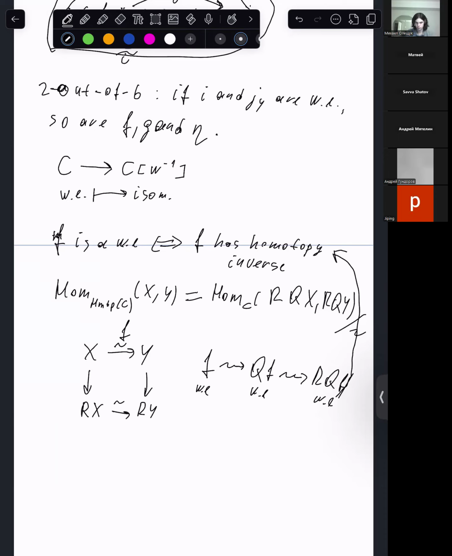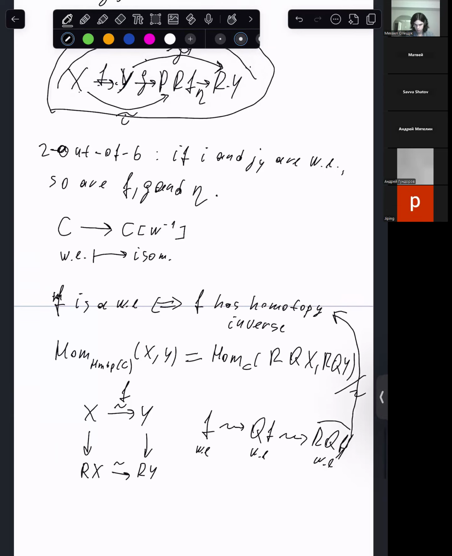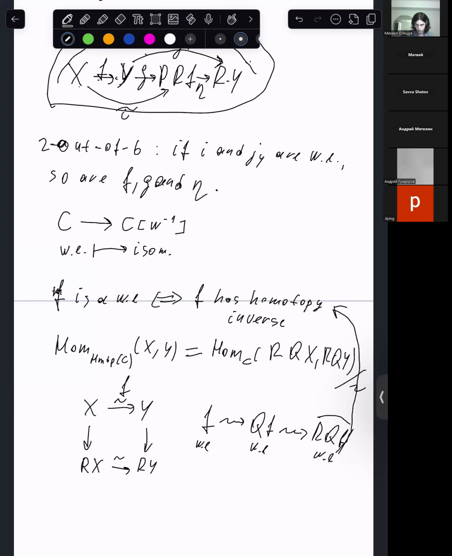So RQF has a homotopy inverse if and only if F is a weak equivalence. But in the localized category, the morphisms between X and Y and morphisms between RQX and RQY are the same.